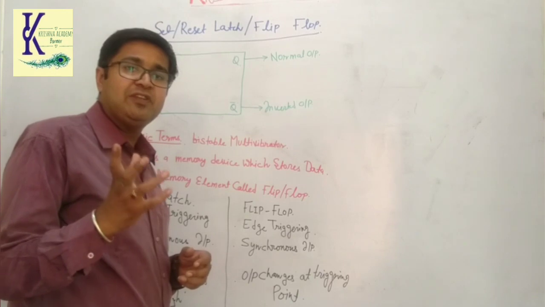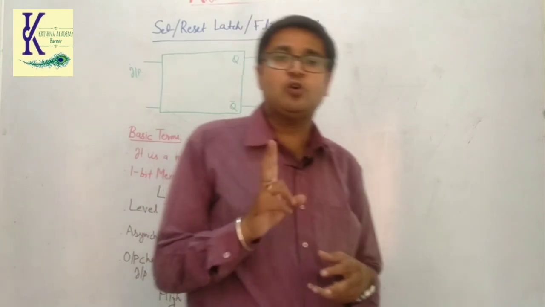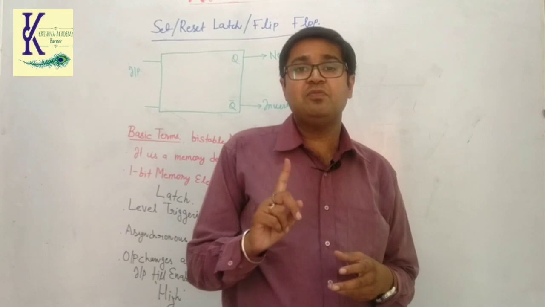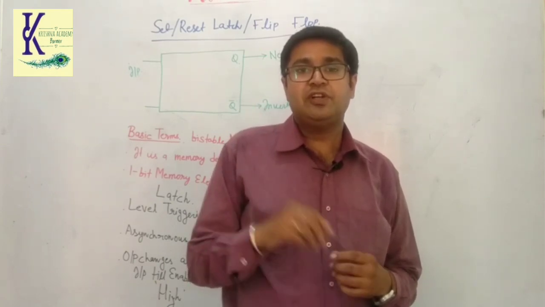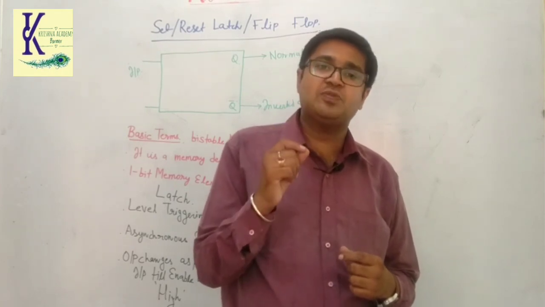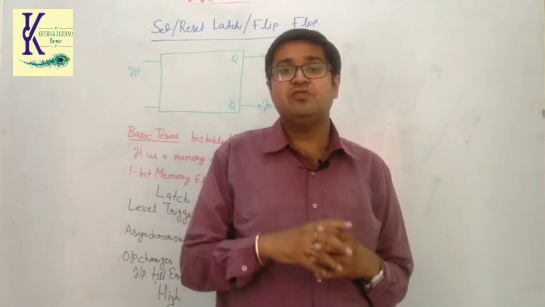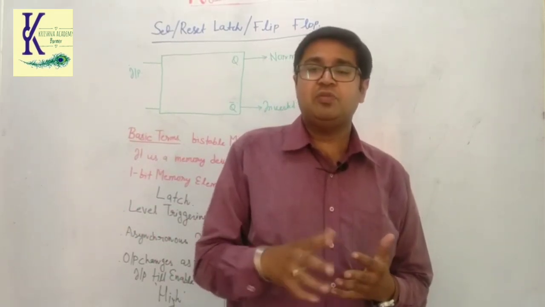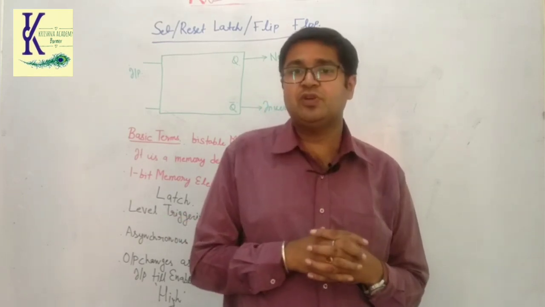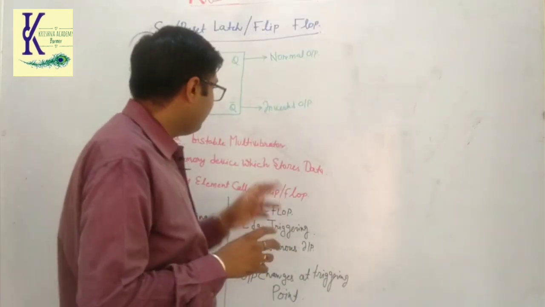Bistable means there are two stable outputs which can be stored until an external trigger takes place. When this trigger pulse takes place, the information changes: 1 becomes 0, 0 becomes 1, or whatever other stable output is available. So Q becomes Q bar and Q bar becomes Q. This is how it works.